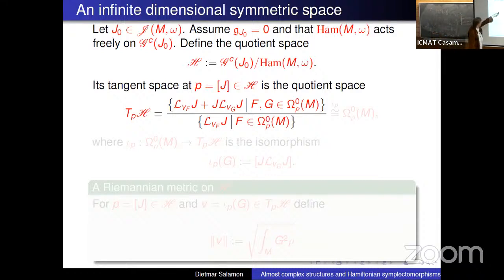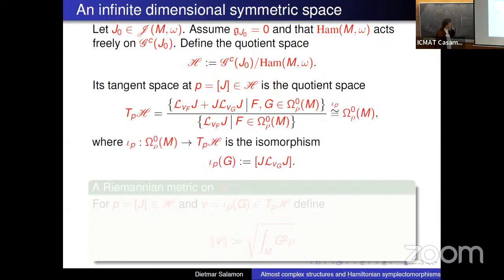So this LVFJ disappears, and one is left with JLVGJ. This means this quotient space has as its tangent space, again, the space of functions of mean value 0. And this is isomorphic to the tangent space of this quotient manifold by assigning to every function G the equivalence class of the infinitesimal almost complex structure JLVG.